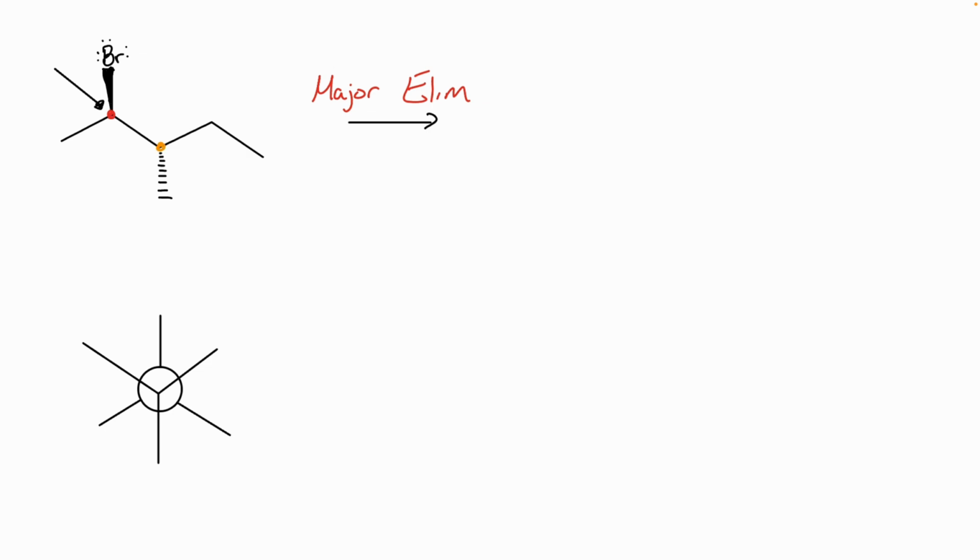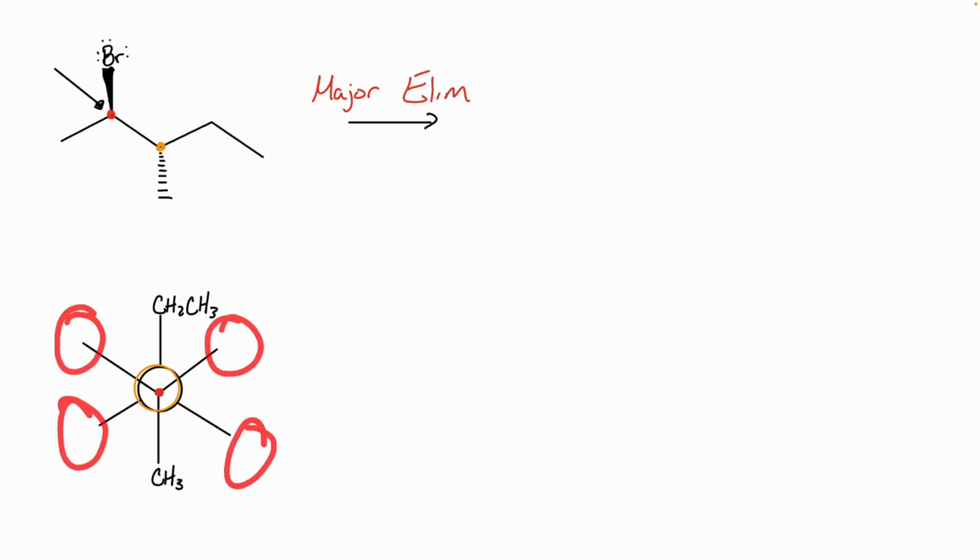This is my back carbon. Front carbon, back carbon. On my front carbon, that methyl group is pointed down. On my back carbon, that ethyl group is pointed up. All right, so then fill in these spots here and tell me if we're going to get our elimination product.